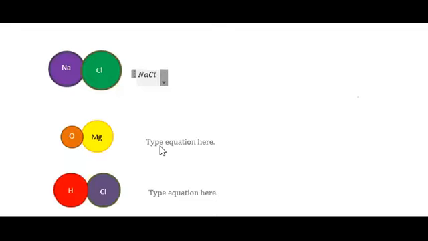Yes, so Gabby, write down the equation, the formula for MgO. Okay, so guys, I'm going to write it for Gabby. Basically looks like that, right?